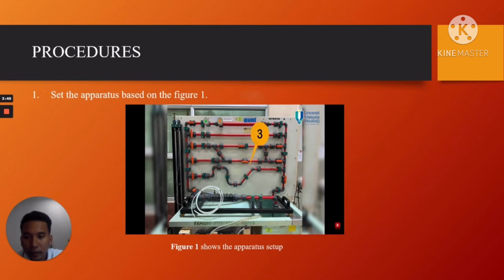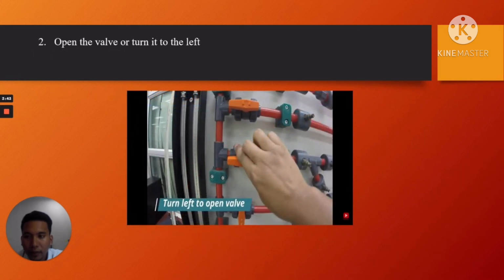So the second one is open the valve or turn it to the left. So as you can see in the picture here, we need to turn the left to open the valve to let the water flow through the system.